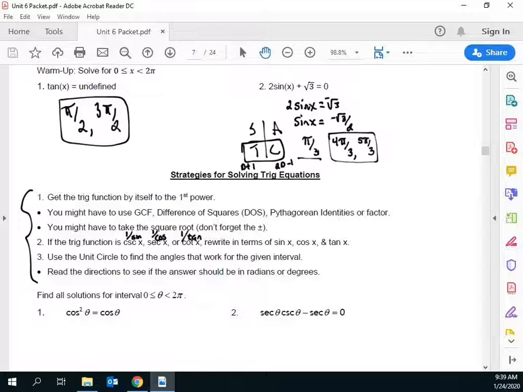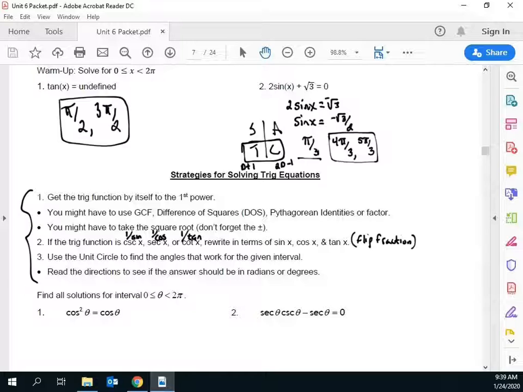So if you end up with the answer being the cosecant of x is equal to 2 over 1, I need that to turn into sine. Well, you just flip it. So now you say the sine is equal to 1 over 2. That's what you're doing for inverse trig functions. Flip. Fraction is what that means.